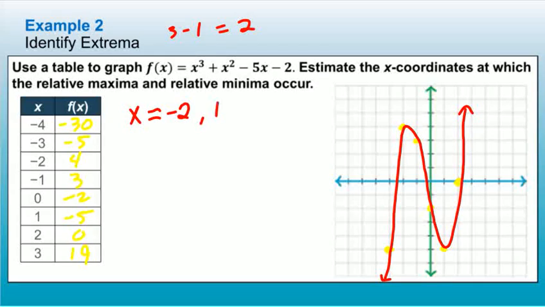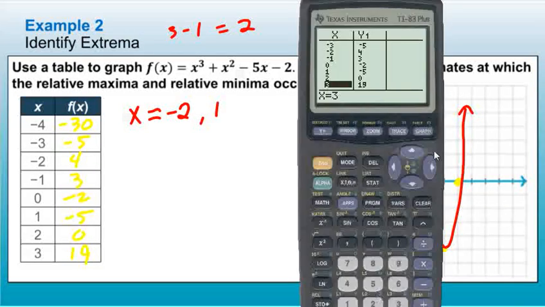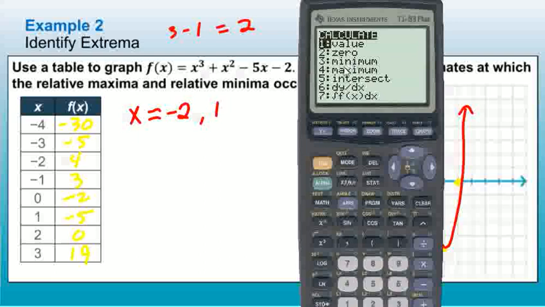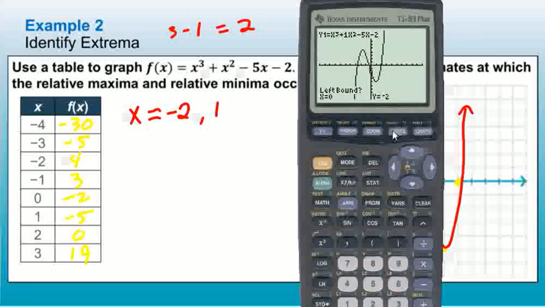a positive 1. Now, if we want to use our calculator to verify that, if we go to graph, here's a maximum, so roughly negative 2, and here roughly a positive 1 there. And to find that more specifically, if I did second trace, I want to find a maximum, so I could do number 4.